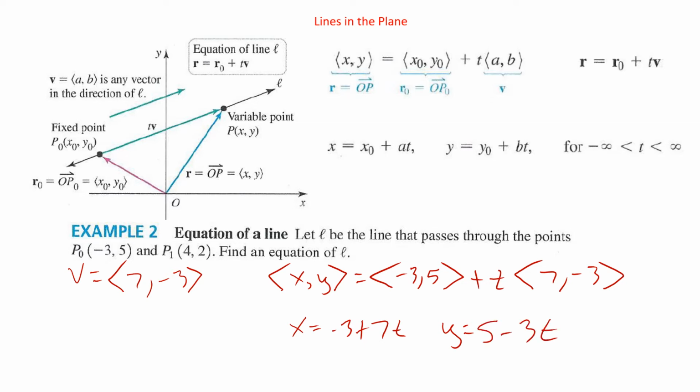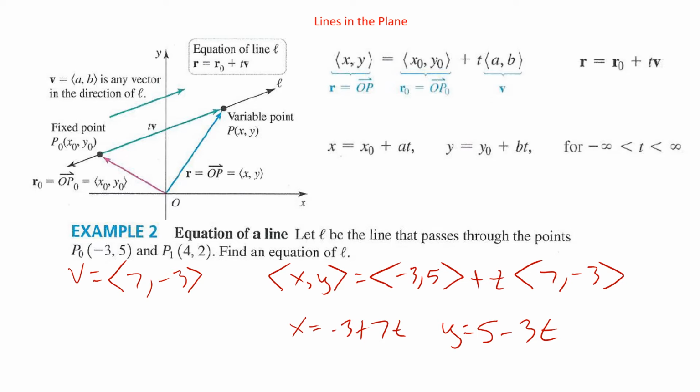What if you accidentally used p1 instead of p naught for the initial point? Absolutely nothing. Remember, lines in parametric equations and also lines in vector form, there's not a unique equation. Just like the point slope form of a line in our regular coordinates.